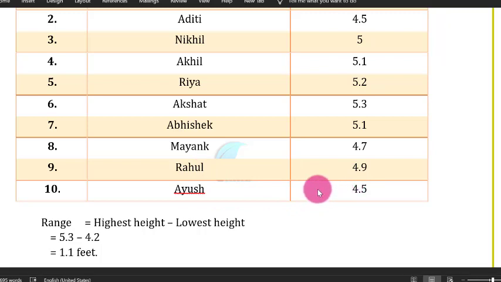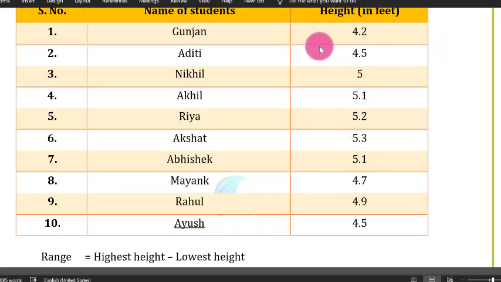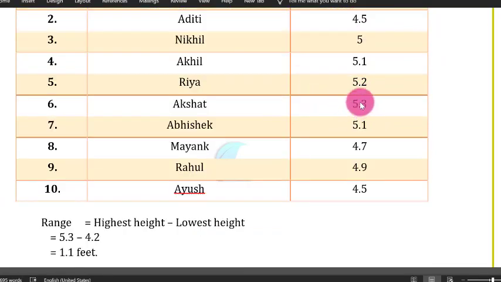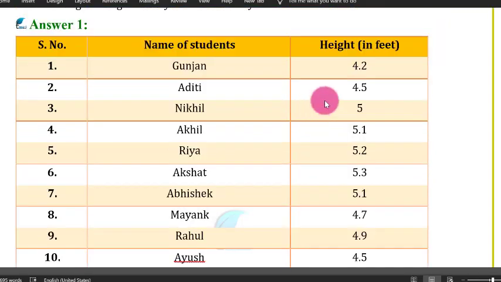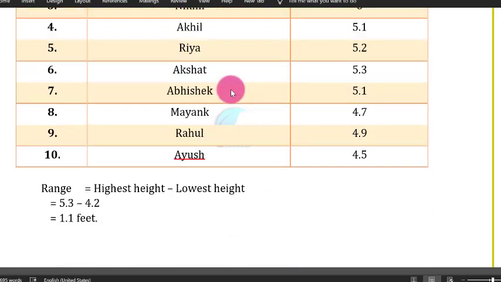So we know the formula to find the range: range equals highest height minus lowest height. In this given data, 5.3 is the highest, which is Akshat, and the lowest is 4.2, which is Gunjan. The difference of these two is 1.1 feet.